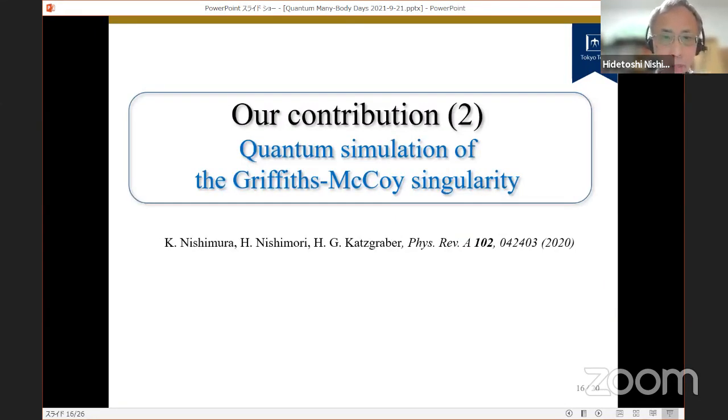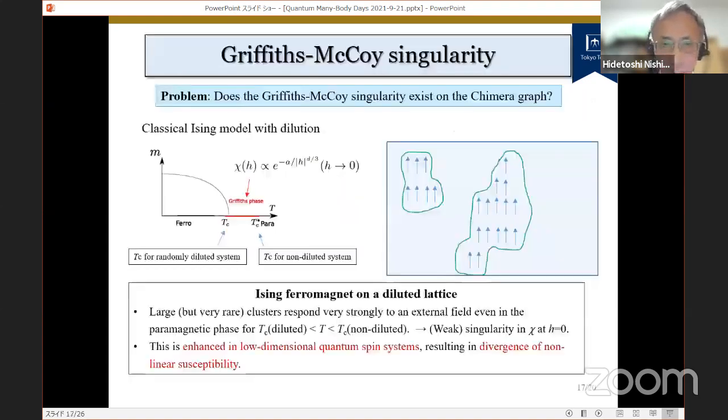Another contribution that we made on quantum simulation by quantum annealing is about the Griffiths-McCoy singularity. So let me review the concept of the classical Griffiths singularity. It's about the Ising model with ferromagnetic interactions, but diluted. That is, some spins are removed from the two-dimensional plane.